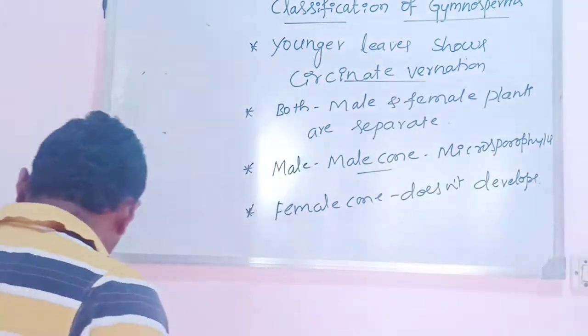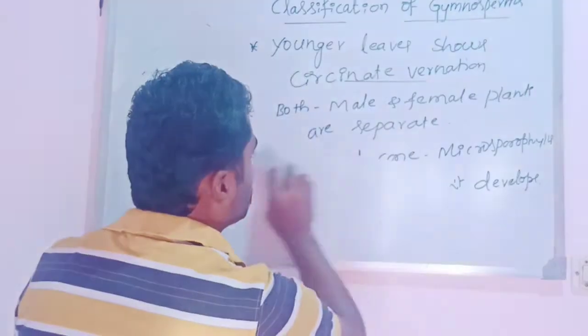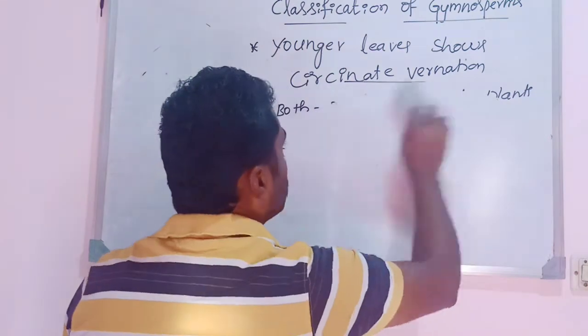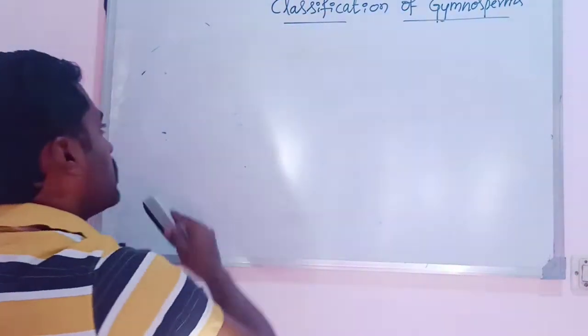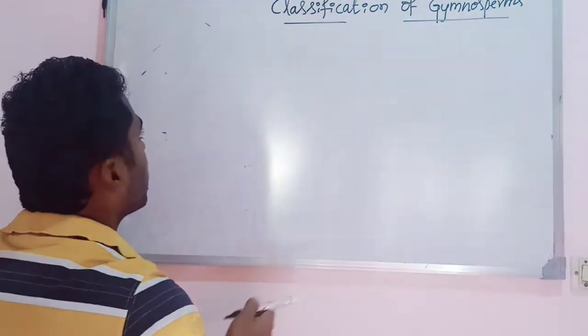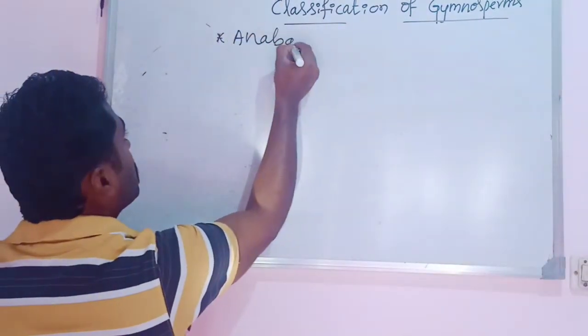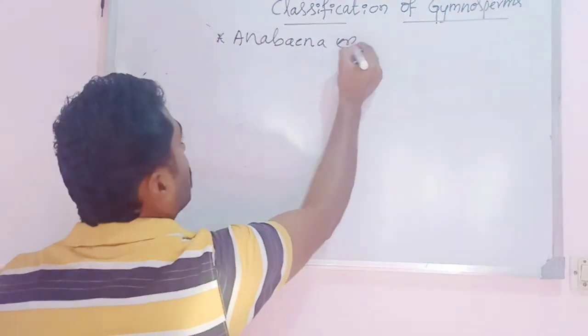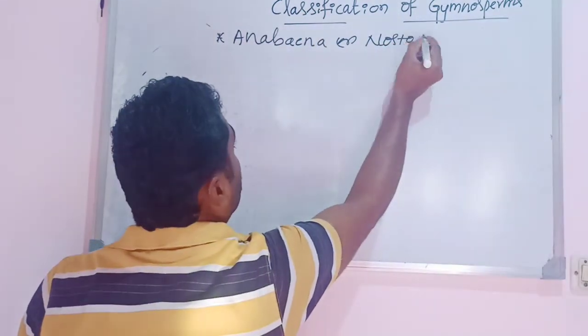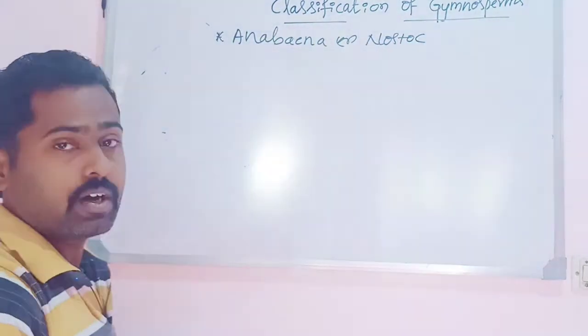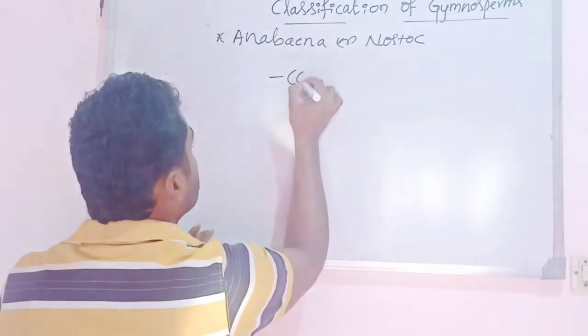A special character seen here is the symbiotic association with cyanobacteria like Anabaena or Nostoc, which we can see in the coralloid roots.